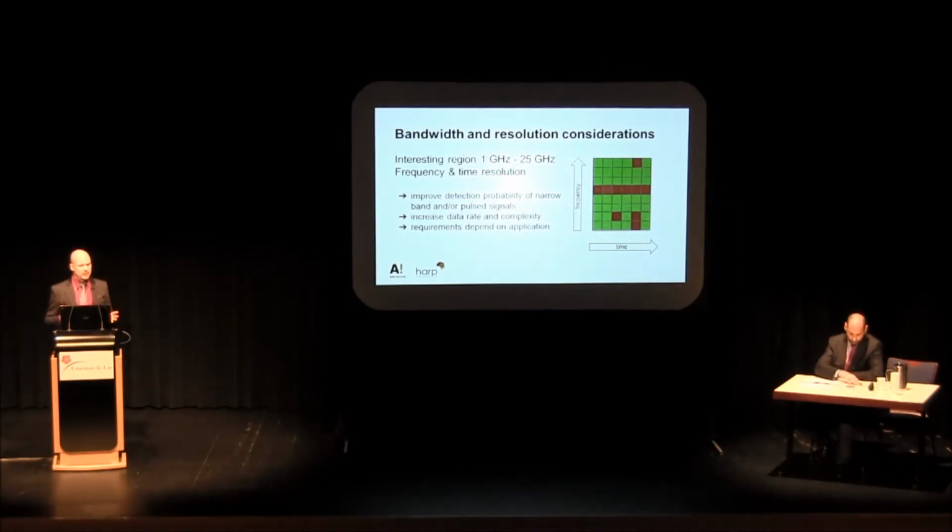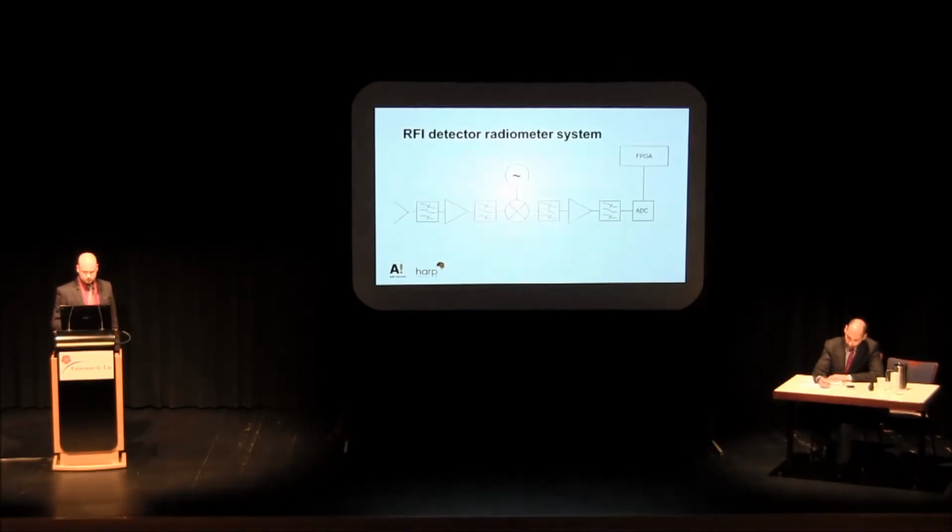We can get already some information about the areas which are affected with a certain type of radio frequency interference and take actions. And if we want to use this for a certain type of mission, then of course the parent mission will define the real requirements, what we want to do, what we want to measure, and how exactly.